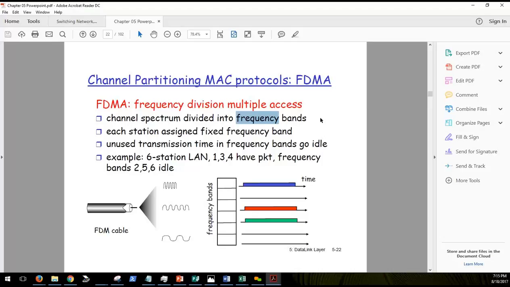Don't worry about what the values are. Each station is assigned a fixed frequency band. Like one station is assigned to 98.1, another station band is assigned to 101.5.